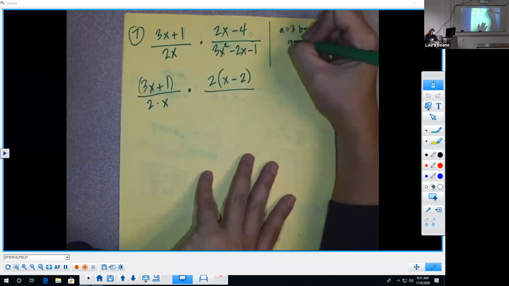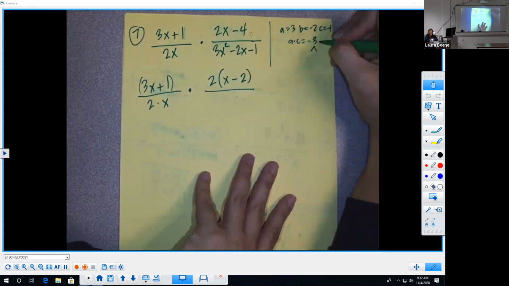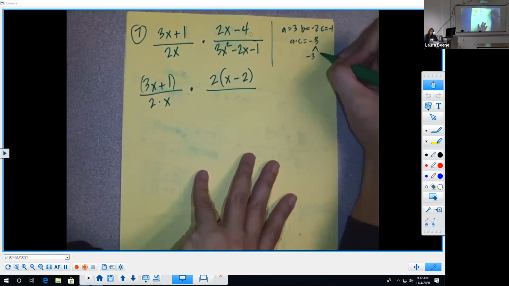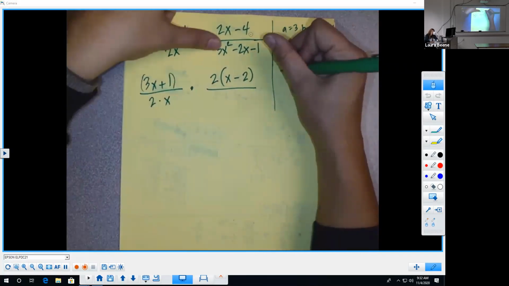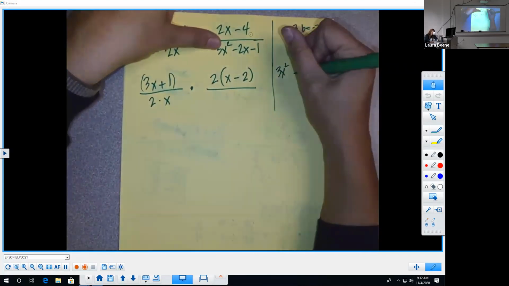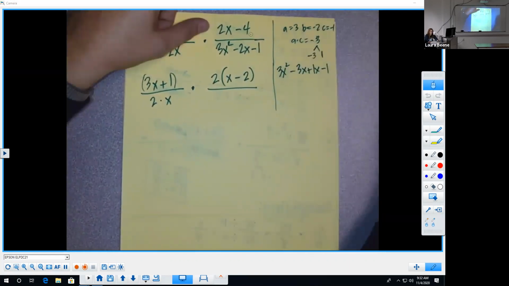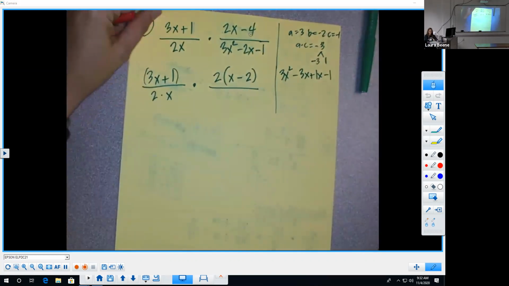A times C is 3 times -1 is -3. What two things multiply to get -3, add to get -2? 1 and 3, and the 3 needs to be negative. Is this a shortcut problem? No. So I got to rewrite it. 3x squared minus 3x plus 1x minus 1. Factor by grouping.